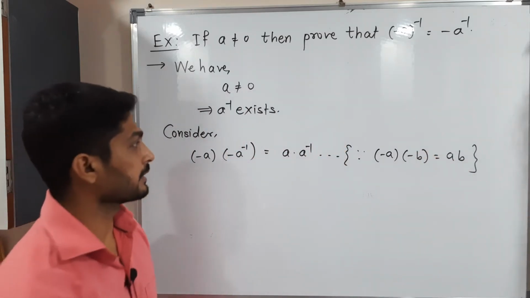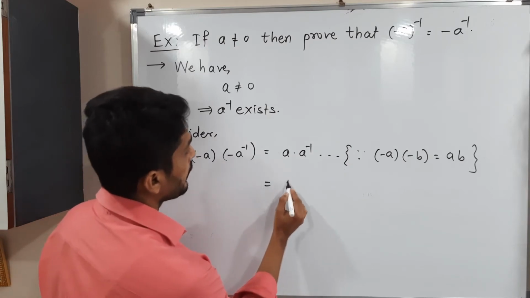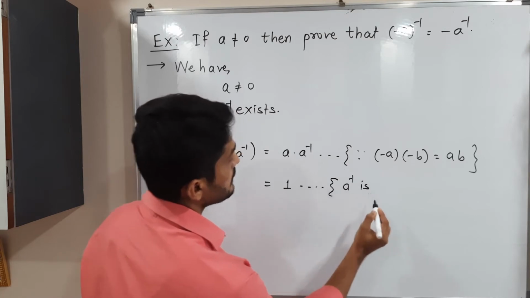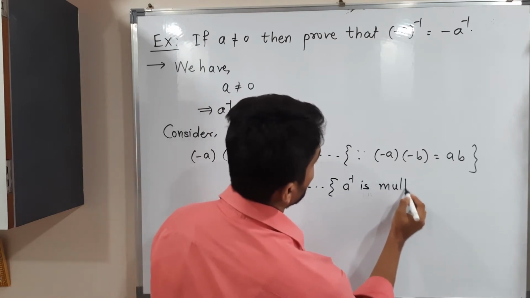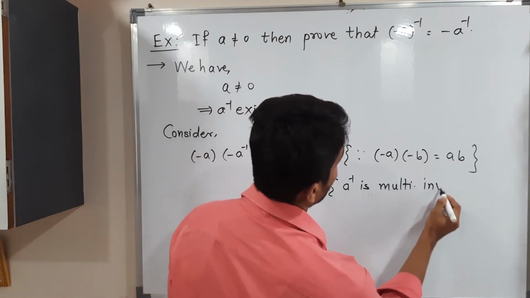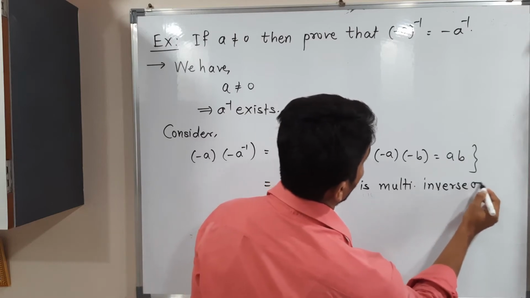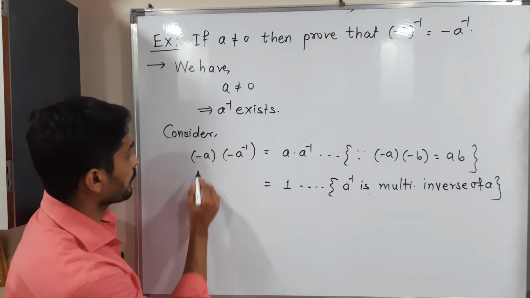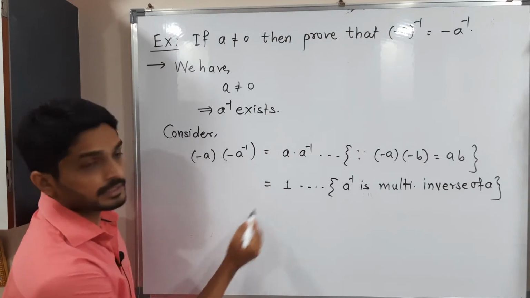So that's why we can write this is equal to a into a⁻¹, which is 1, because a⁻¹ is the multiplicative inverse of a. So that's why we can write their product is 1. Getting? So therefore, (−a) into (−a⁻¹) is equal to 1.